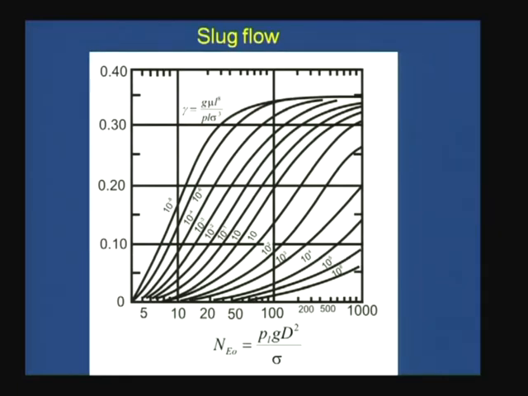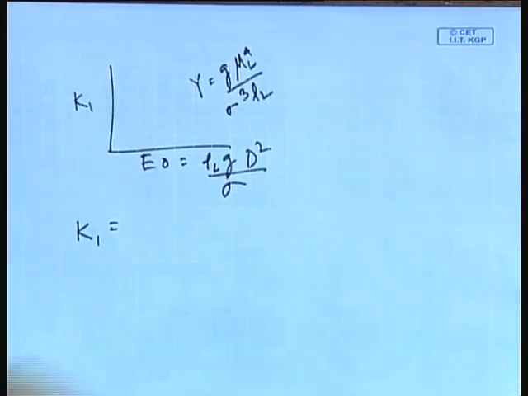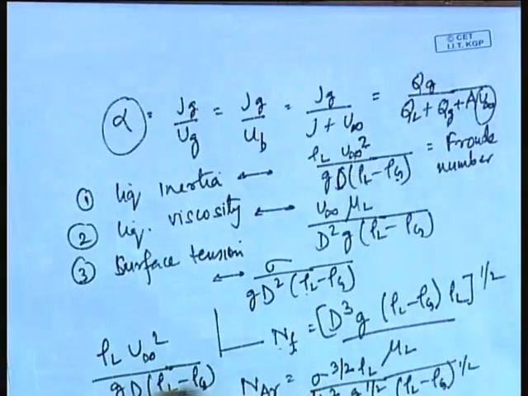There is one particular analytical expression which can be used if the graphs are not available with you. This analytical expression is something of this sort, K1, which is nothing but this particular group is known as K1.